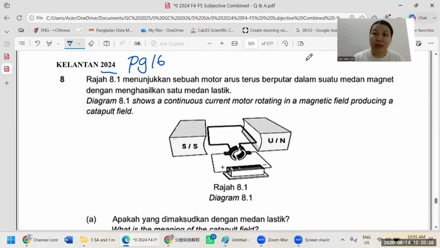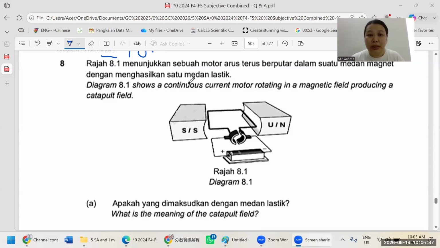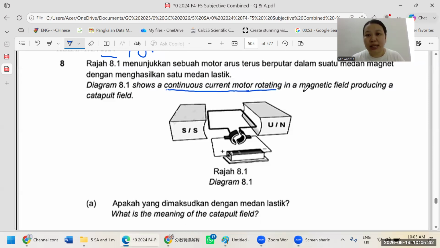The first question I cannot do, but it's okay. Once I learn, the second question, the same type, I can solve. Okay? Right now, this is a direct current motor rotating in a magnetic field producing a catapult field.